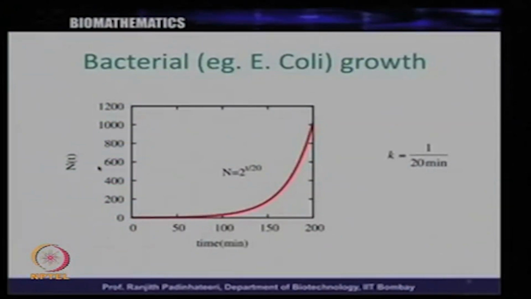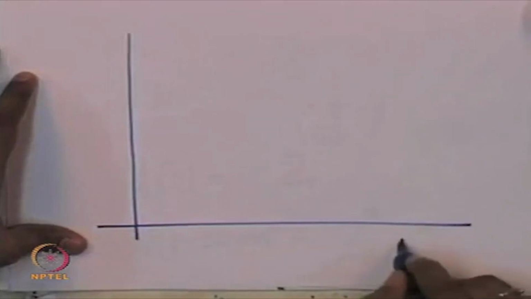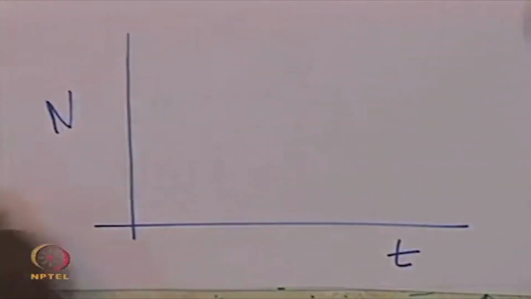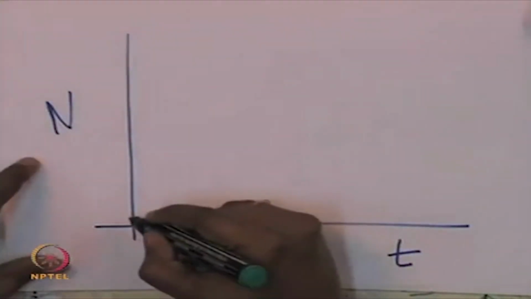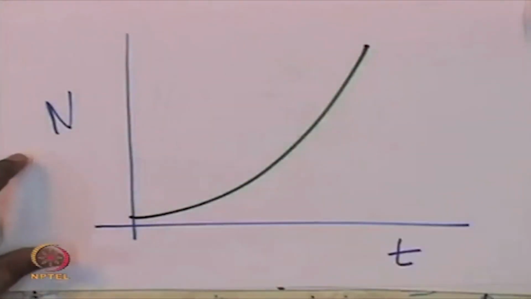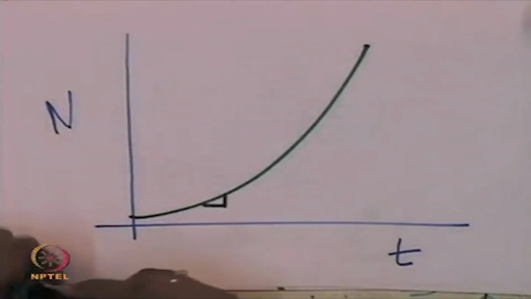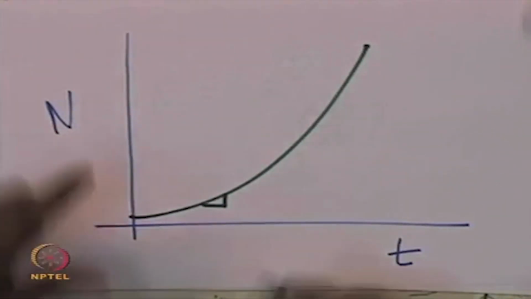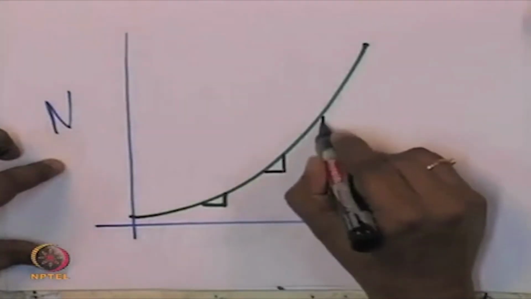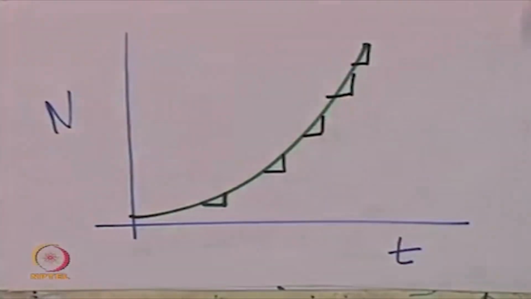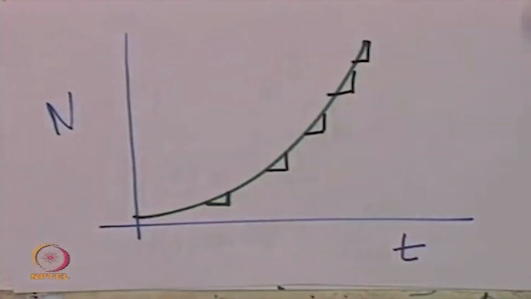We had time and number, and if we plot it, it is an exponentially growing curve. If we calculate the slope at every point, the slope at each point is different. The slope here is different, slope here, slope here. If you try calculating the slope at each point, you will find that the slope itself is varying.